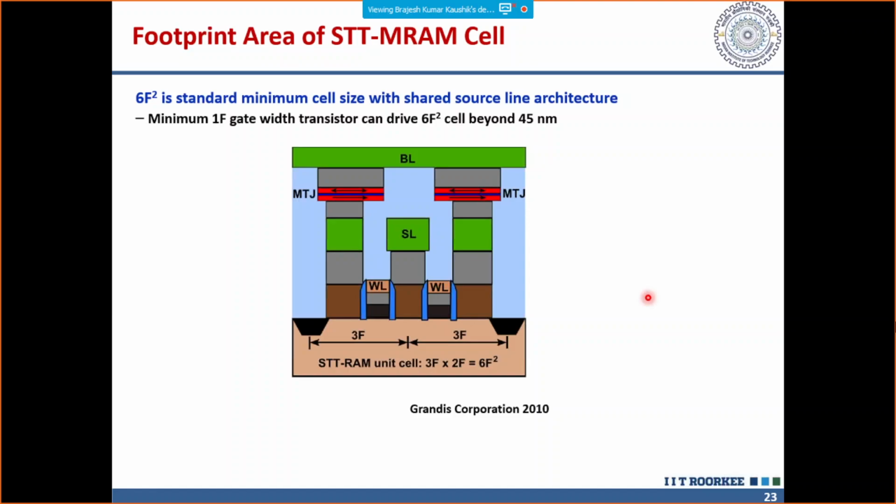So if you see the STT-MRAM cell, you have something like 6F square, right? So you have two transistors here, and you have two MTJs, right? And so one MTJ, one transistor, the area required is 6F square. That is what we allocated in a minimum form for STT-MRAM cell.